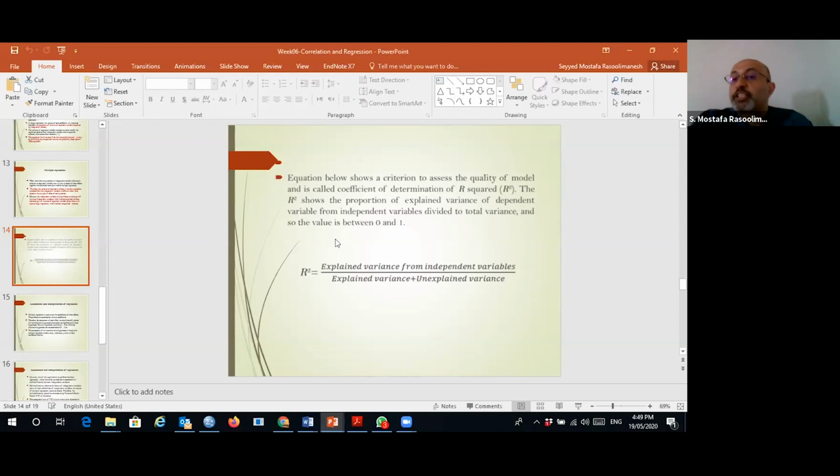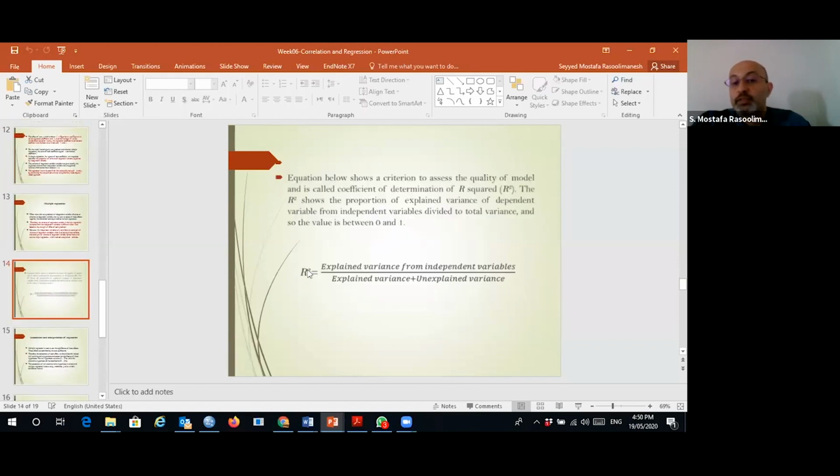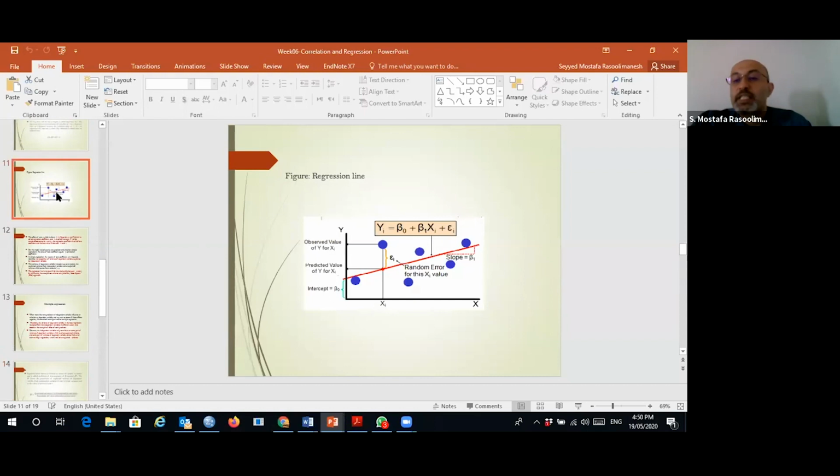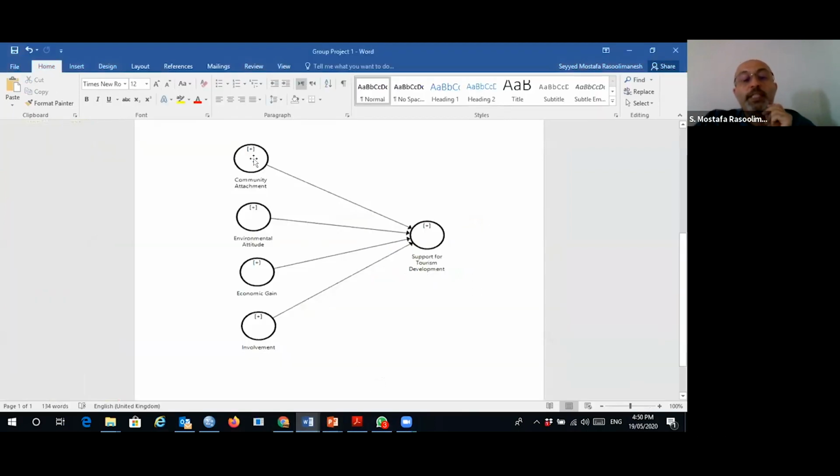So for a regression analysis, we need to interpret these two values: the beta coefficient and its significance, and R square. What's the hypothesis for regression? As I explained, the hypothesis for regression is the effect of IV on DV. For example, here the hypothesis is that community attachment has a positive effect on support for tourism development.